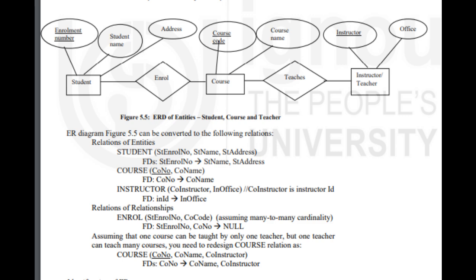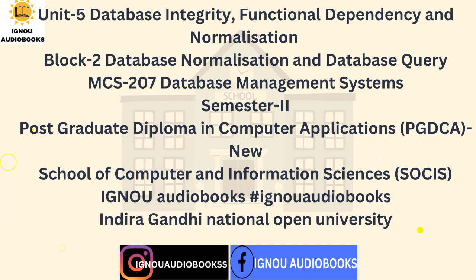Please note, given this set of FDs, it is possible that two or more students who have different enrollment numbers may have the same name. In addition, two or more students can reside at the same address. However, two different students cannot have the same enrollment number.